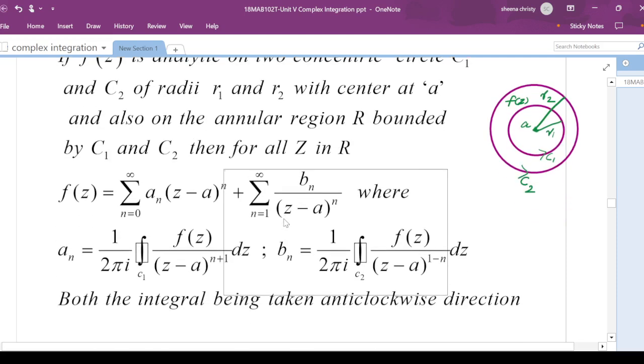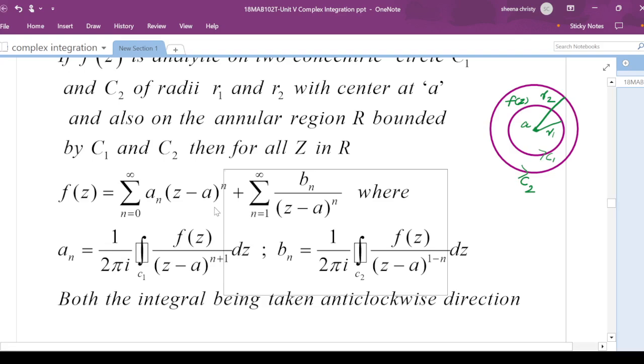So here the Laurent series expansion has positive powers of z minus a and negative powers of z minus a. If they ask in the question to find the Laurent series expansion, that includes the Taylor series also. In the Taylor series expansion, you can find only the positive powers of z minus a.